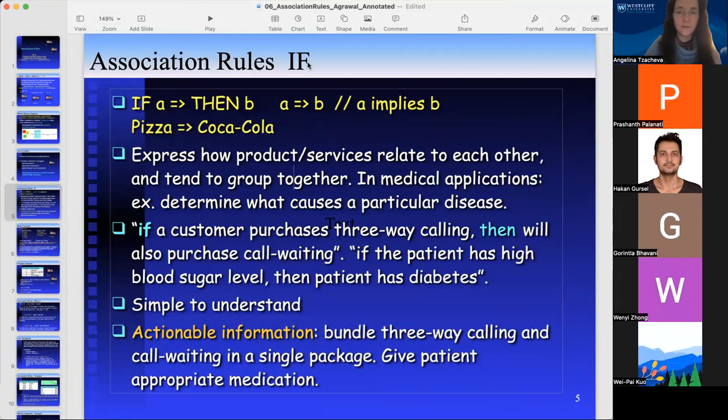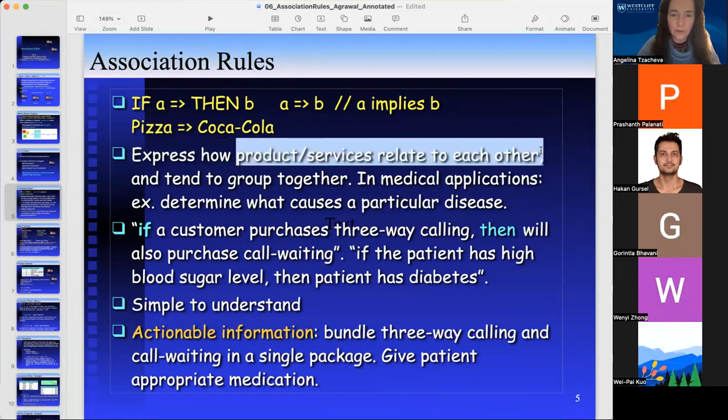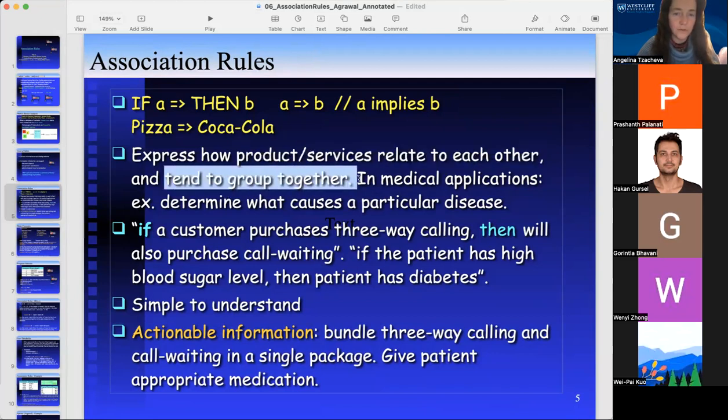So this is what a rule looks like. So this kind of rule would express how products or services relate to each other or how they would group together.